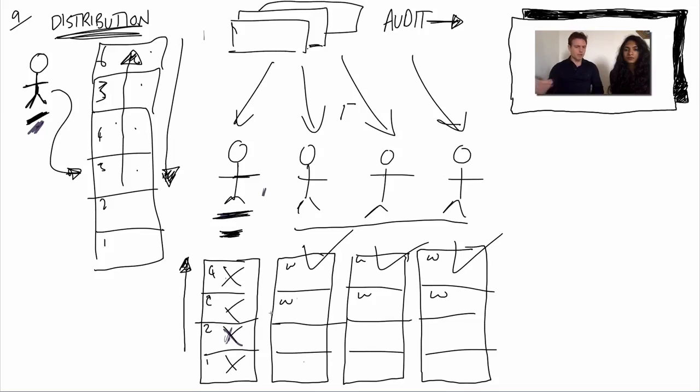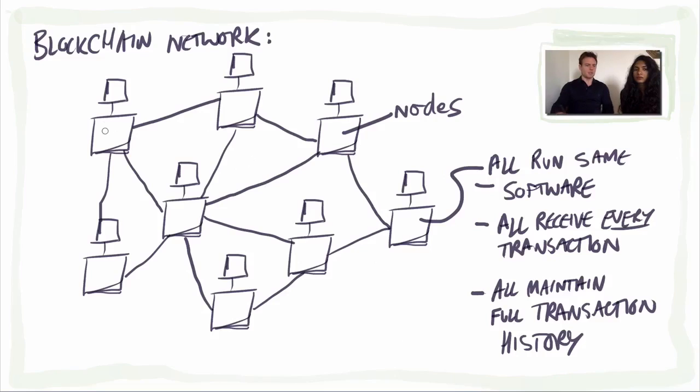So the key thing is, in the real world, on an actual computer network, what is a blockchain? Well, a blockchain is really just a bunch of computers that are all talking to each other over the internet. So these are just like your people who are working in the bank, and they're all receiving in real time every transaction that is happening.